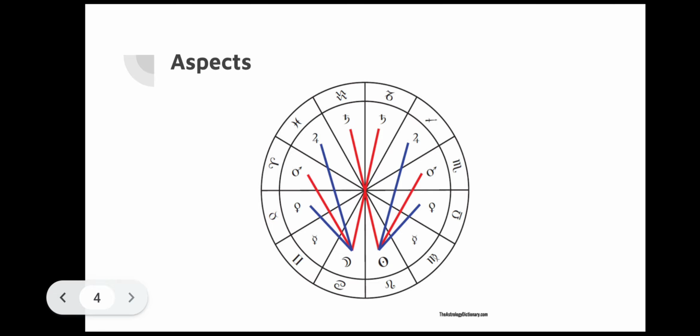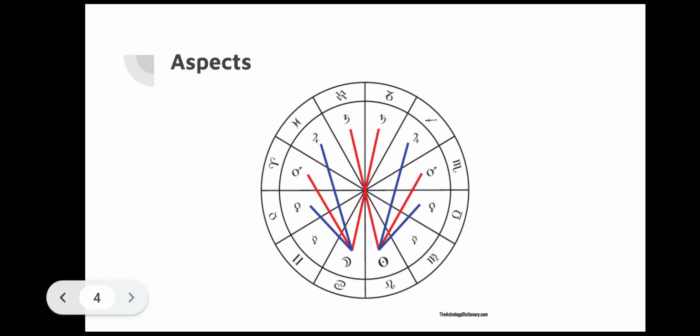And so this relationship is also beneficial in the way that Venus was, but it's more beneficial, right? Just as opposition is more harsh than a square, because it's Saturnian, which is the greater malefic, versus Mars, the lesser malefic.